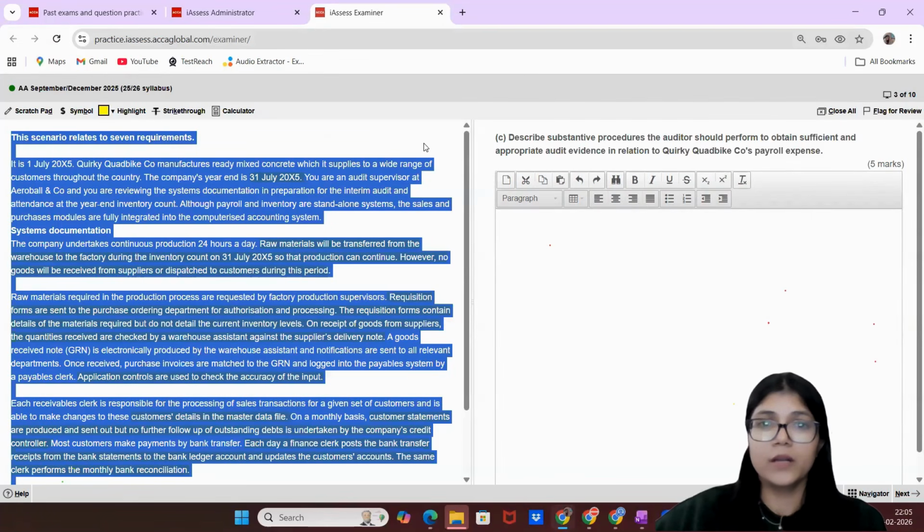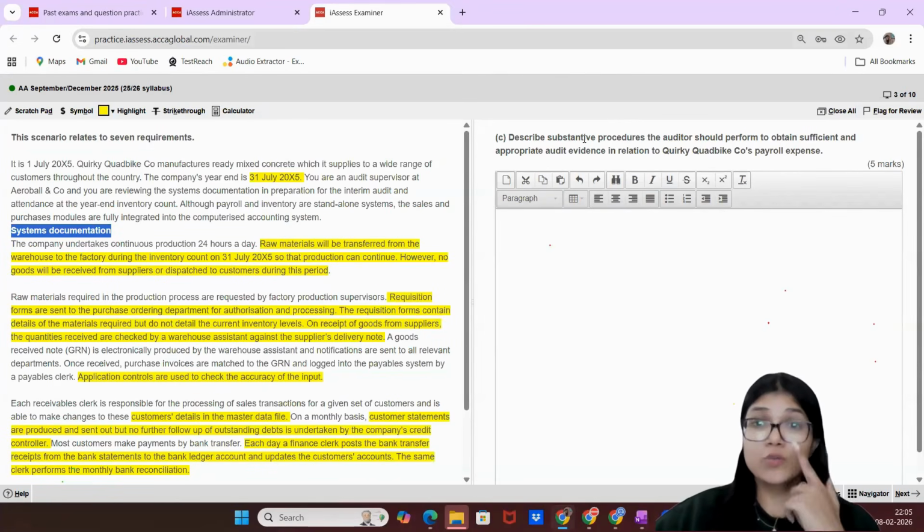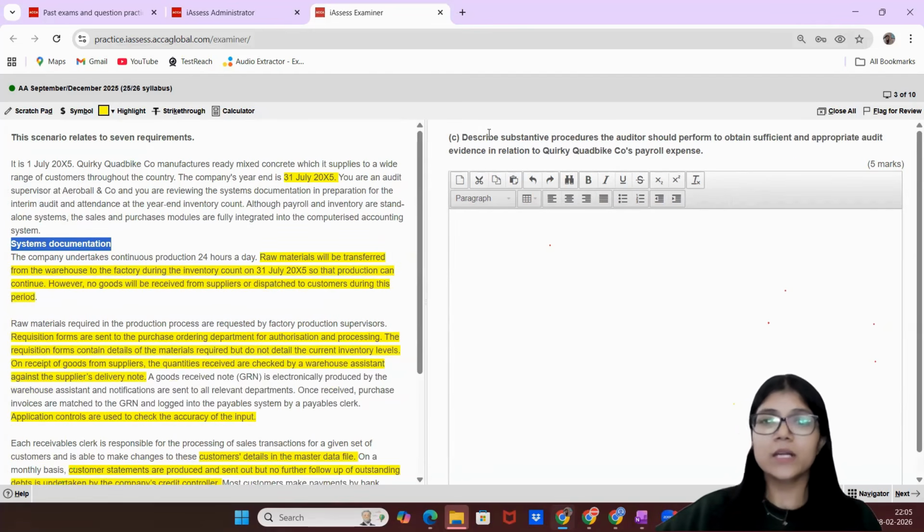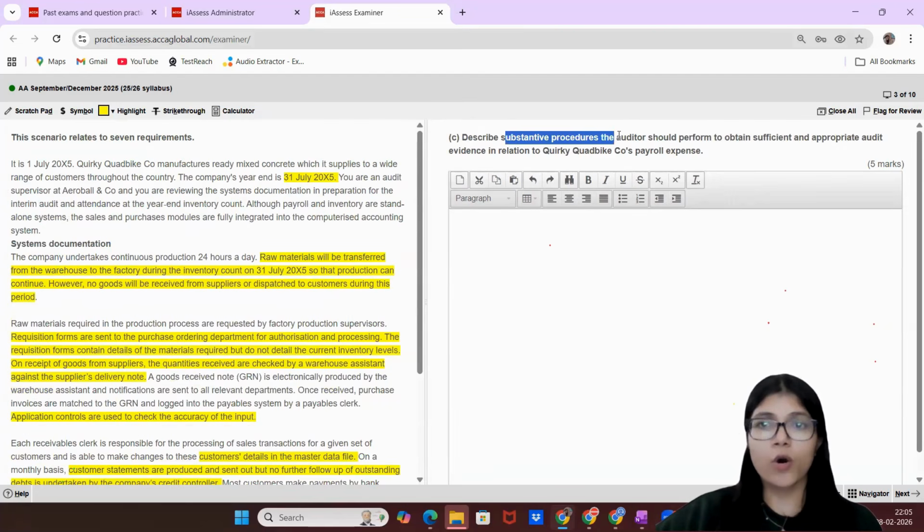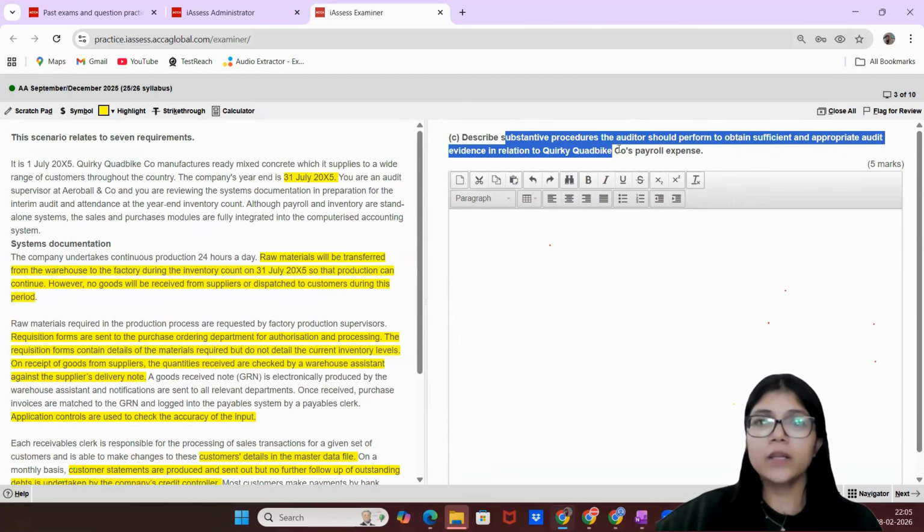Next question is in regards to substantive procedure, your favorite question we have today in the class. Let's discuss this one as well. It says, describe substantive procedures the auditor should perform to obtain sufficient appropriate evidence in regards to payables, payroll expenses.